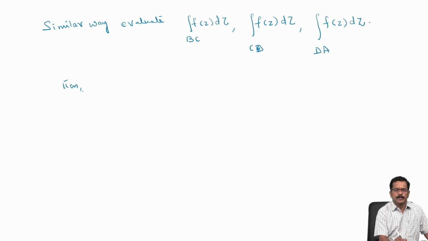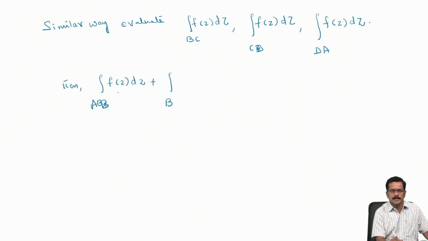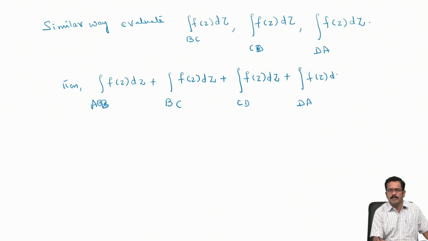Then add them: integration over C of f of z dz equals integration along AB f of z dz, plus along BC f of z dz, plus along CD f of z dz, plus along DA f of z dz. After finding all these values, if you add them, definitely it is going to be 0.